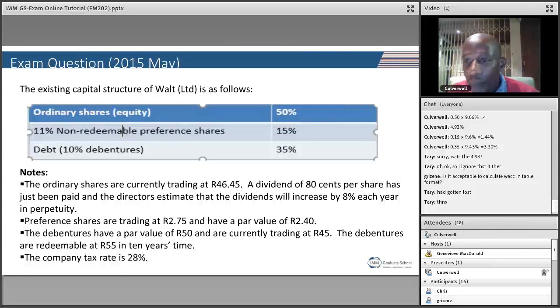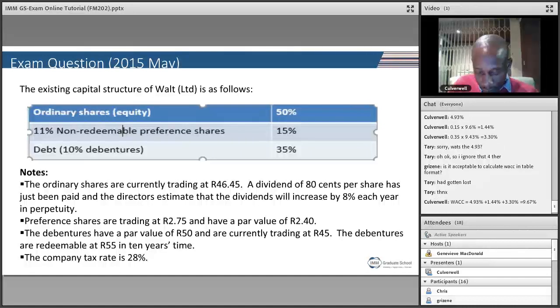The third column, bring the cost, and then the last column, bring your weighted cost, where I'll have the 4.93, the 1.44 and the 3.30. That gives you 4.93 plus 1.44 plus 3.30, an overall weighted cost of 9.67%.